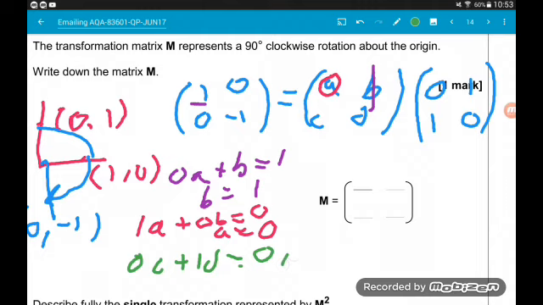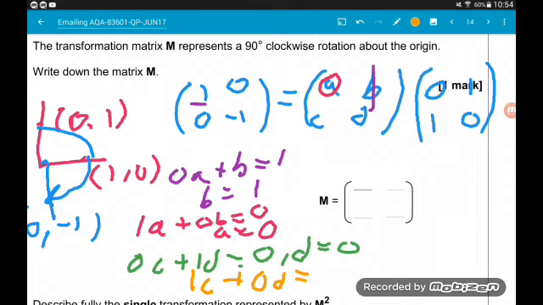So that tells us D is equal to 0. And then one last time, we now want to do 1, 0 times C and D. So that's going to tell us 1C plus 0D.